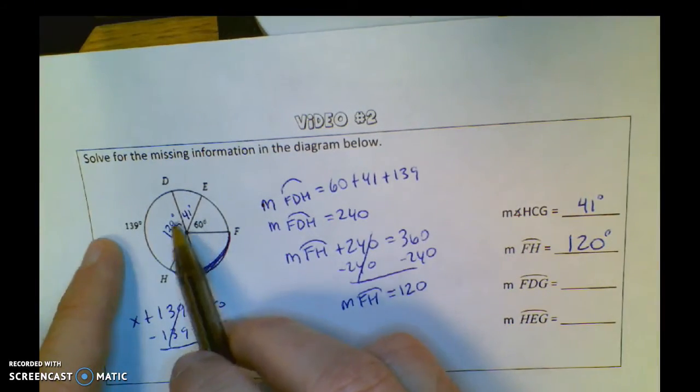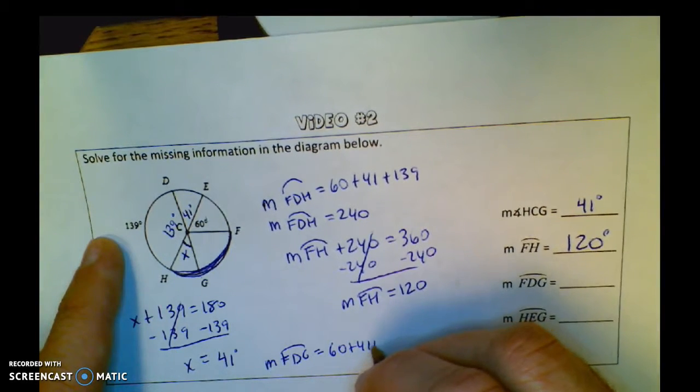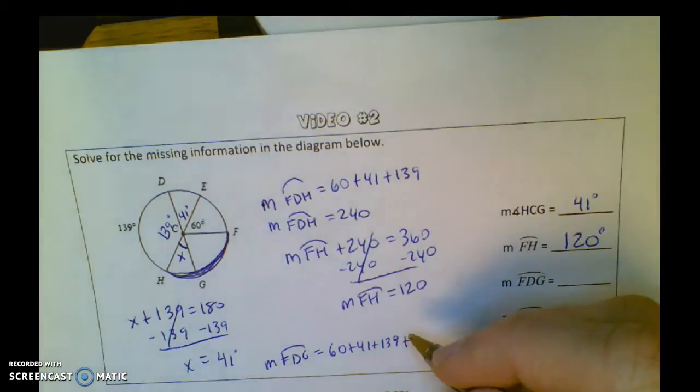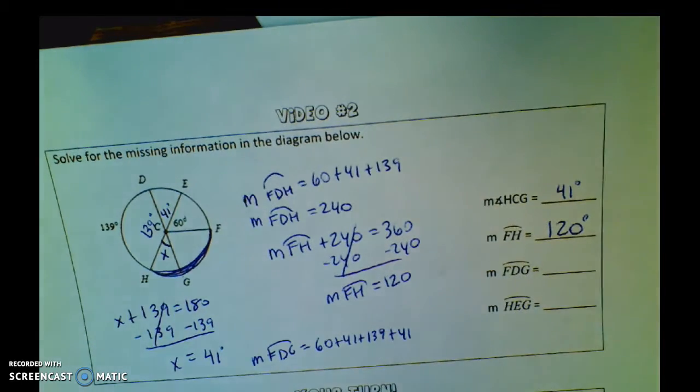So that's 60 plus 41 plus 139 plus 41 again. So if you add those all together, you will find the measurement of arc FDG. So you should get 281.